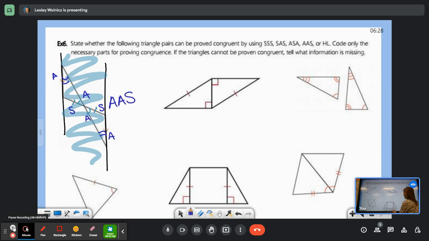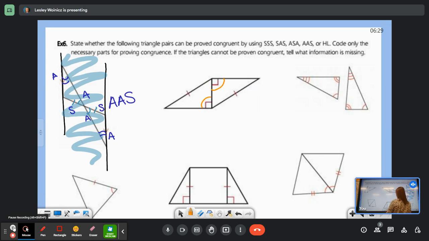All right, next up. Okay, so I have my two congruent sides. Okay, I've got right angle. All right angles are congruent, right? So these two angles are congruent.